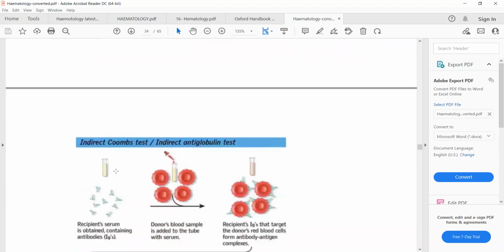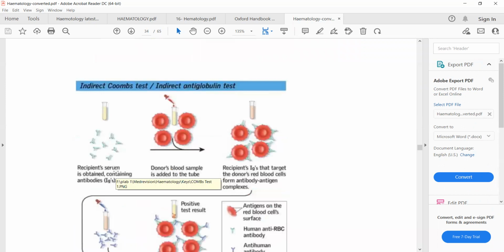What do we do in an indirect Coombs test? We take the recipient serum. We are going to do this test for blood grouping and cross matching. So we'll take the recipient blood, and we'll add the donor's blood sample to this serum.